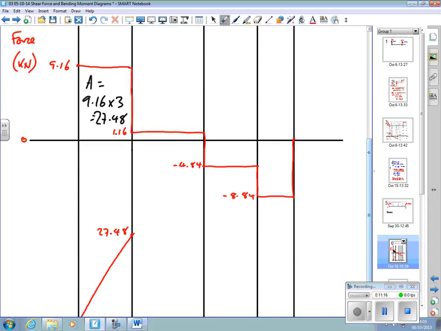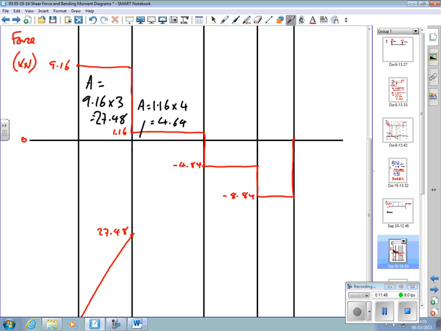So here the area equals 1.16 times 4. So 4.64 is the area underneath here. But this area is above, it's positive, it's above the 0 on this line. So effectively that's adding to the moment here. The moment is going to continue to grow by 4.64.